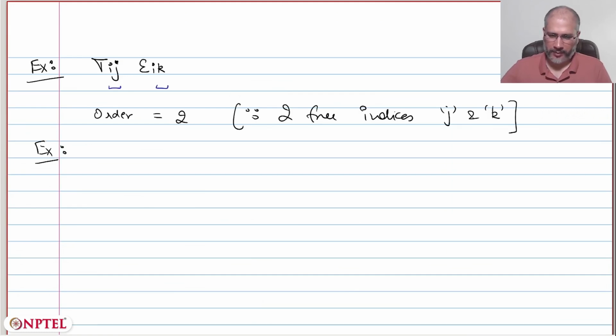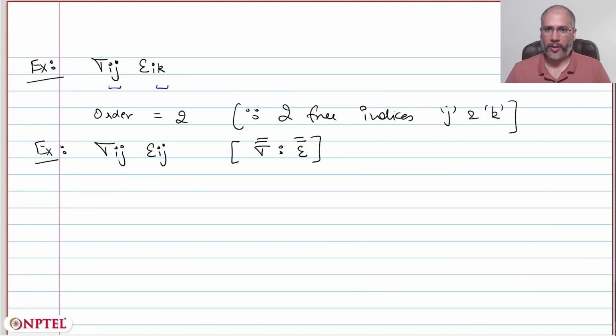Another example here, sigma ij epsilon ij, which actually is the vertical double dot between the second order tensors sigma and epsilon. So what is the order of this tensor? Well, let's count the number of free indices.